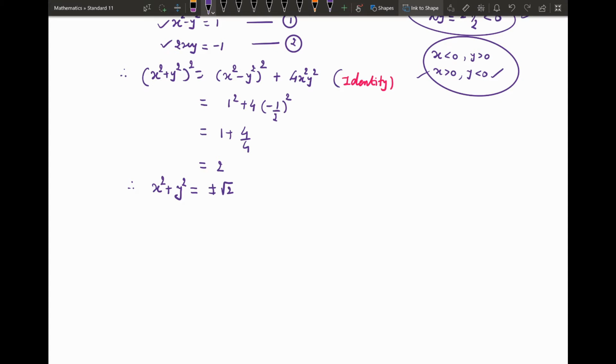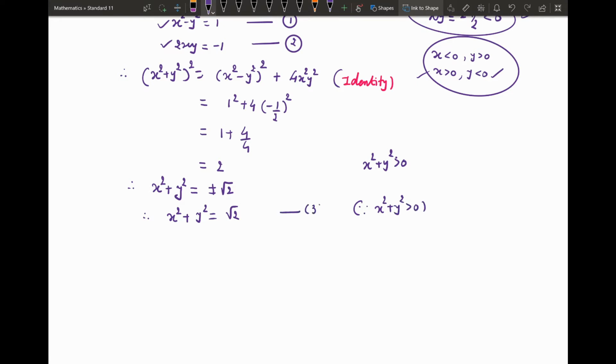But x square plus y square is always greater than 0, since x square is positive and y square is positive, so the sum of two positive numbers is positive. So we have to take x square plus y square equal to root 2. We cannot take minus root 2, the reason being x square plus y square is greater than 0.